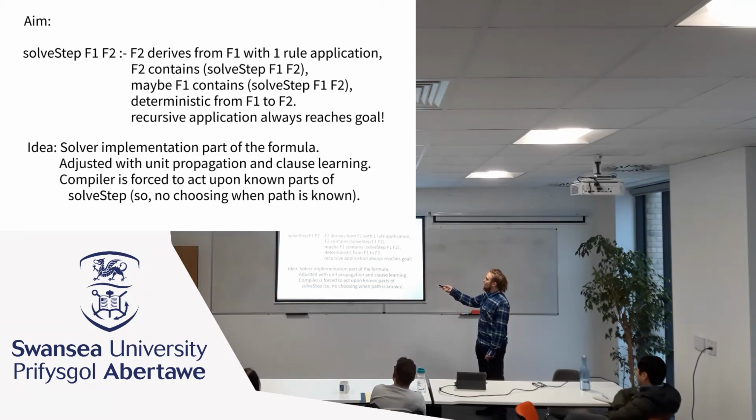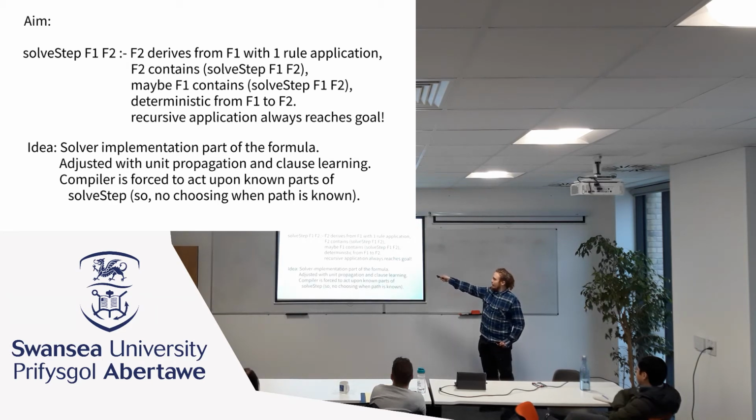So then F2 contains some clause that represents which step we actually took. Meaning that when we take some step, we at least know in F2 which step we have taken, so that we can reason about what we actually did. The third step, maybe F1 contains, so like this maybe notion I put in here.